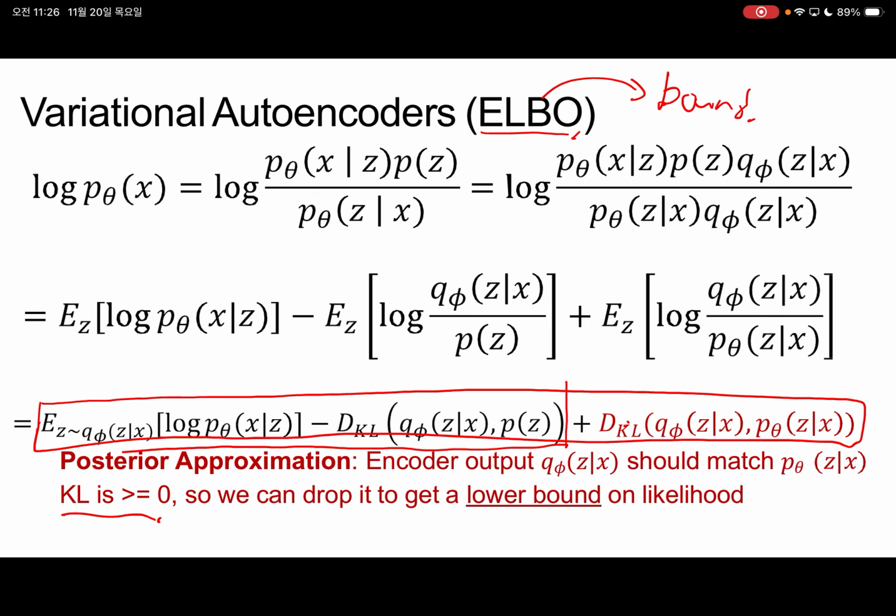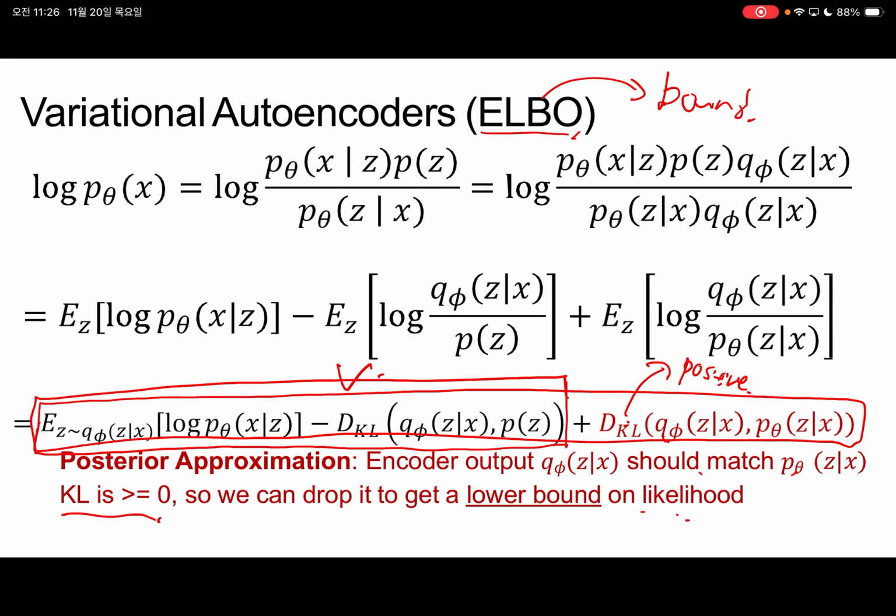So then let's say we choose to make it a lower bound, right? So the encoder's output Q should match P(z), and KL is positive. This one is positive. So we can drop it to get a lower bound on the likelihood, right? This is positive.